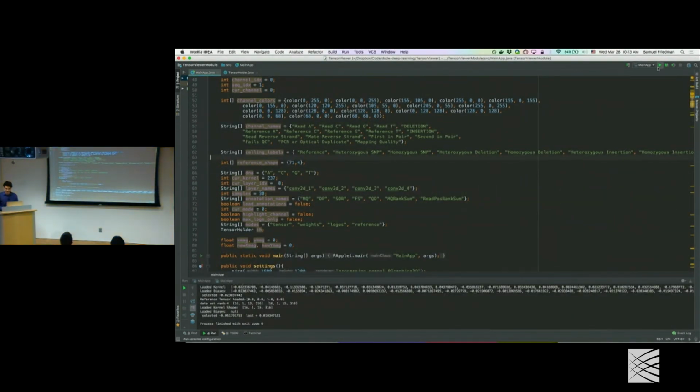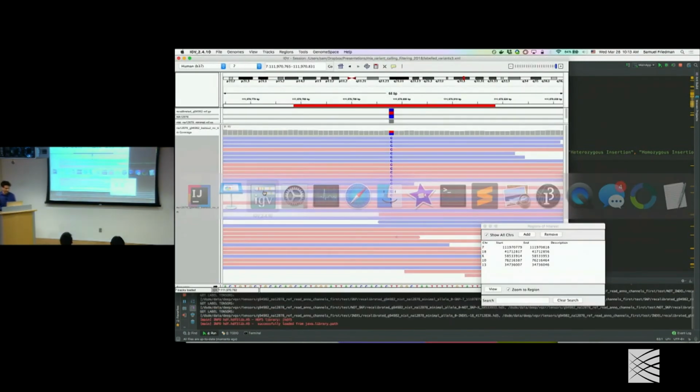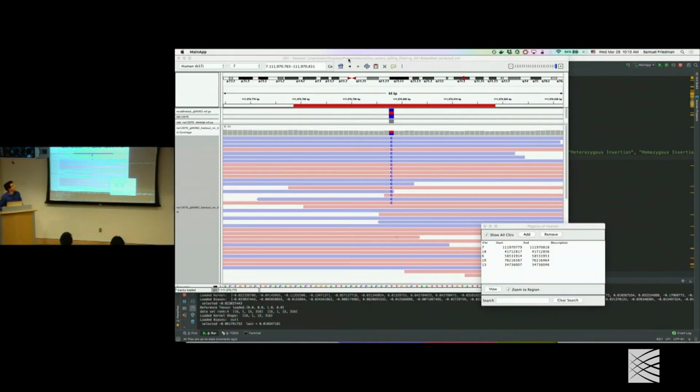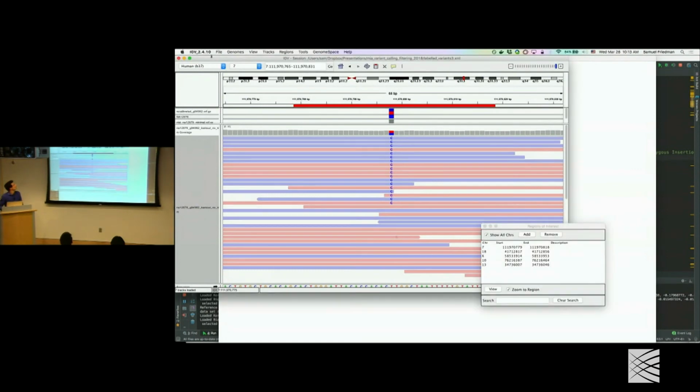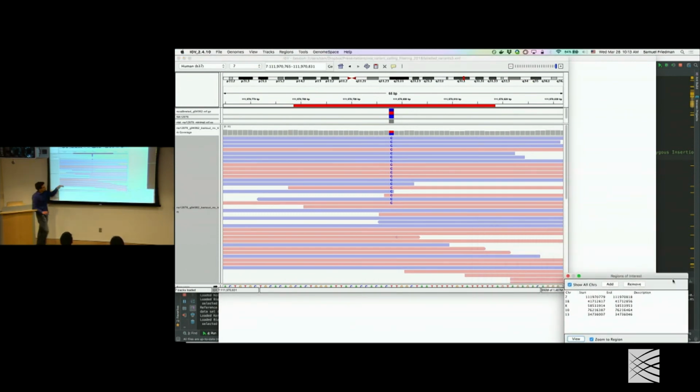And while we do that, okay, so here's IGV. Here is a variant. What do people say? Good or bad? So now we're classifying. Not everyone has seen this before, so can you explain? Okay. So here, how do we sequence the DNA?